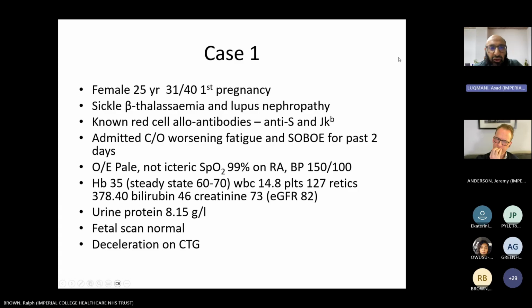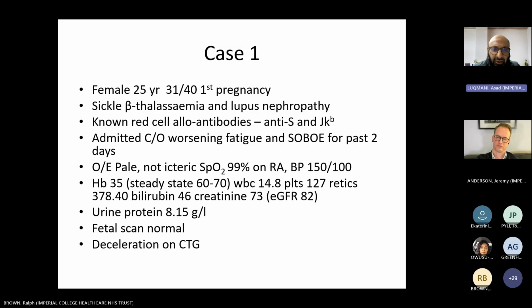Just to finish off, I just wanted to discuss two quick cases just to put what we've talked about all into context. So the first case is a 25-year-old female in the third trimester of her first pregnancy with a diagnosis of sickle beta thalassaemia and lupus nephropathy. She has known red cell alloimmunization with anti-S and anti-JKB, and the patient is admitted with worsening fatigue and shortness of breath for the past 2 days.